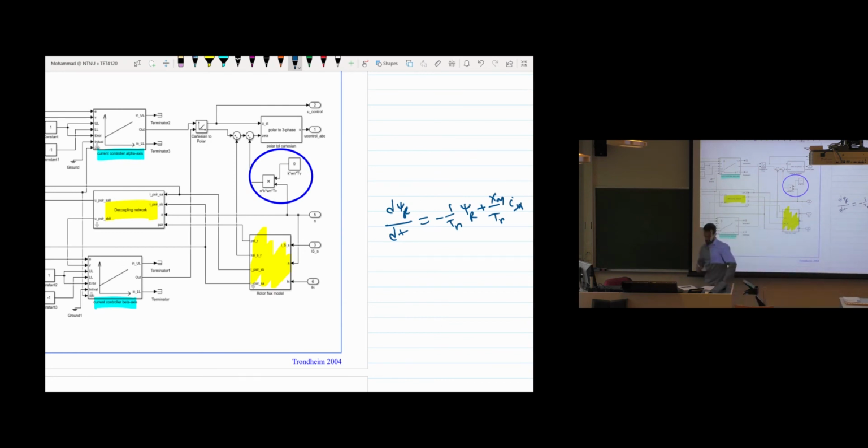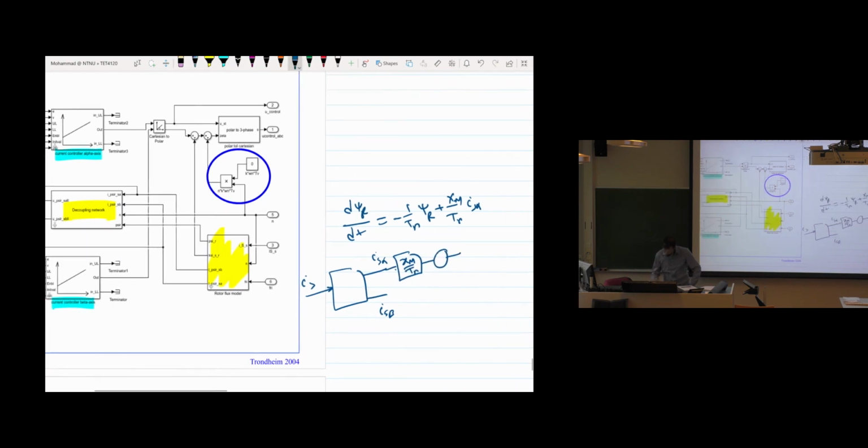You can also present it in a block diagram if you'd like. If you have the stator current input, the stator current has two components: Is alpha and Is beta. This component you first multiply with Xm over Tr, where Tr is a capital T with small r.